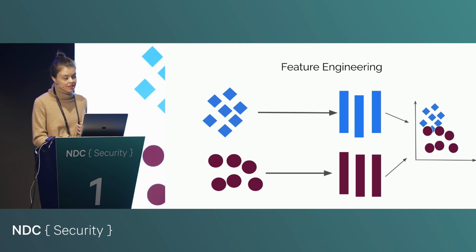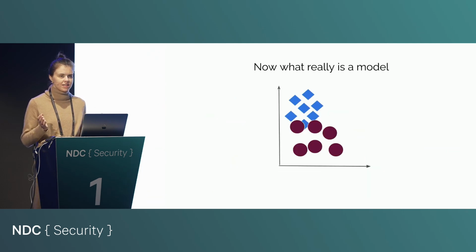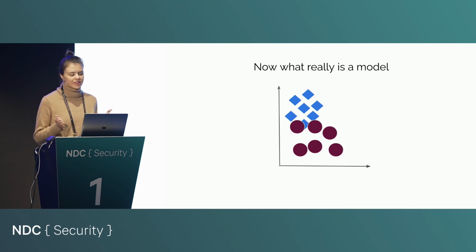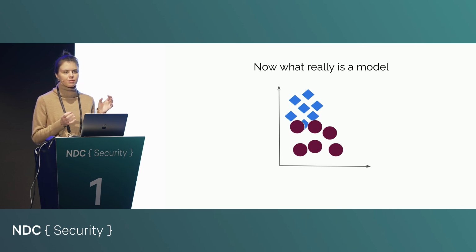And now we get to the exciting thing, which is how do we take this space and create a model out of it? So we come to the question of what really is a model? When we've transformed the problem of malware classification into this mathematical space, what does it mean to create a model when we're talking about it in these terms?